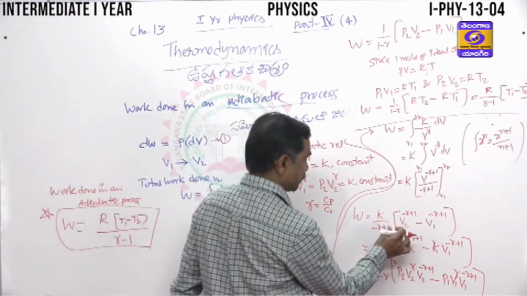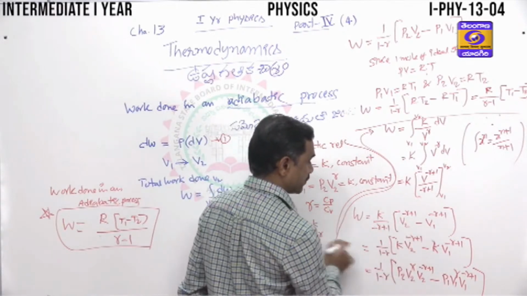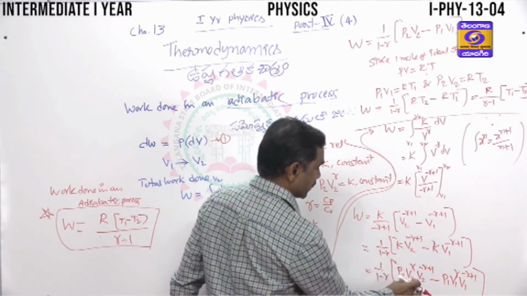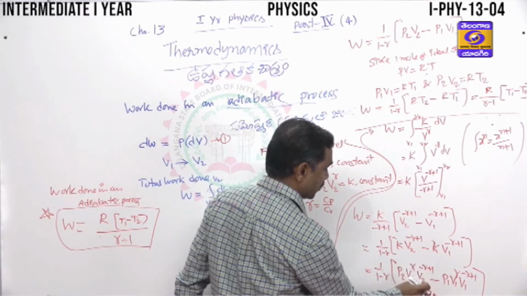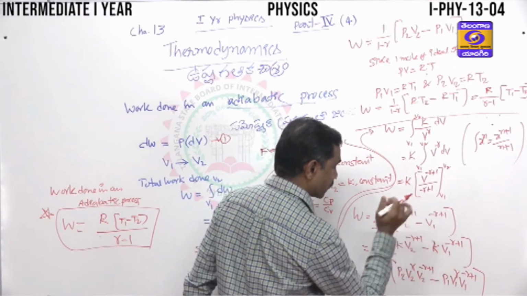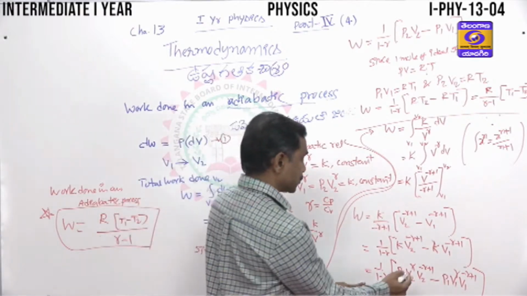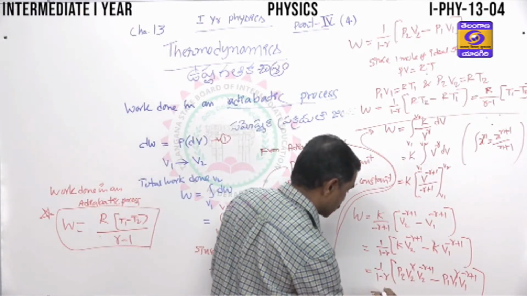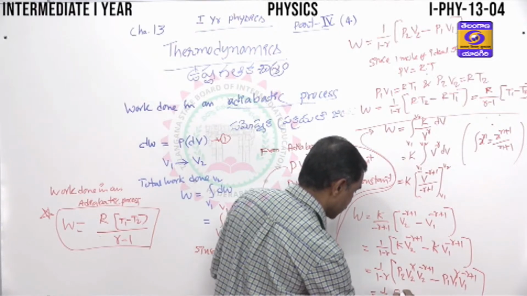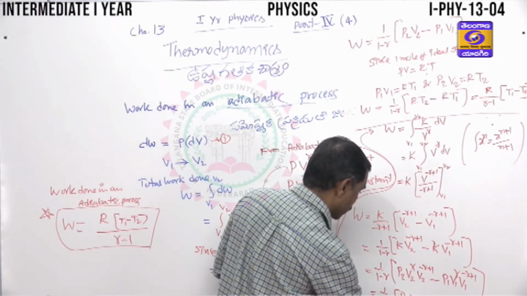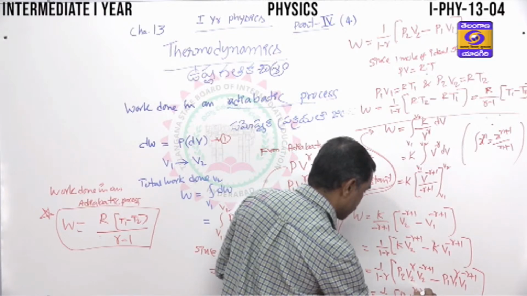Now expand this bracket, take K inside the bracket. Substitute K as P2 V2 power of gamma with V2, and P1 V1 power of gamma with V1. If bases are the same, powers will be added up. I'll write one more step here: 1 minus gamma, P2 V2 power of gamma minus gamma plus 1.